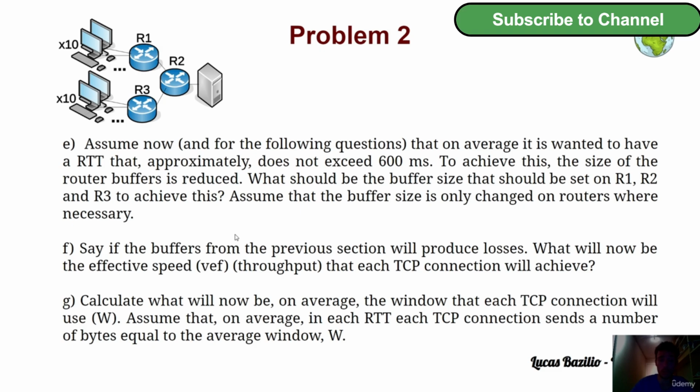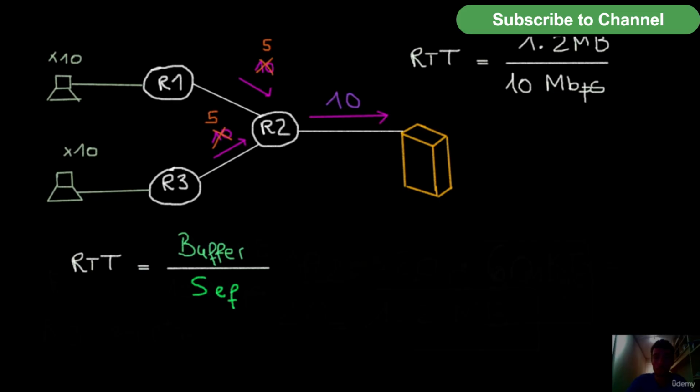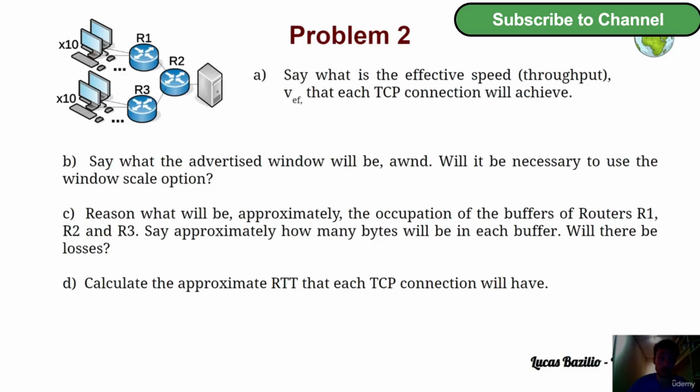So on this question, essentially, what we want is that in the round trip time equation, we don't want this value to exceed 600 milliseconds. Remember that we already saw on question C the occupation of the buffers of router 1, router 2, and router 3.